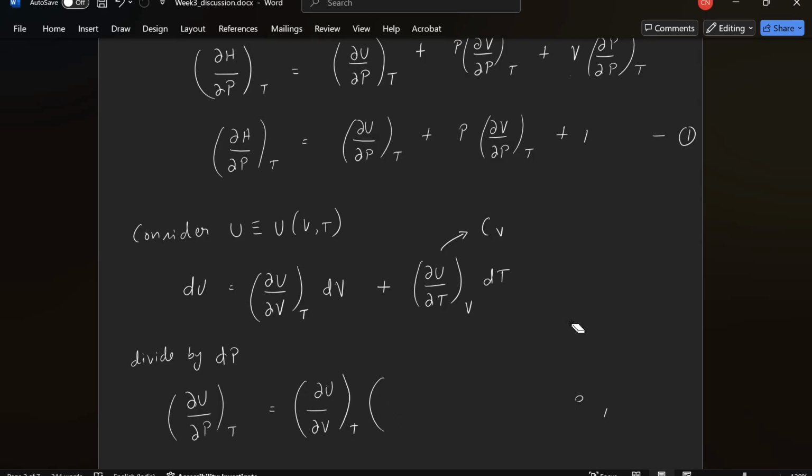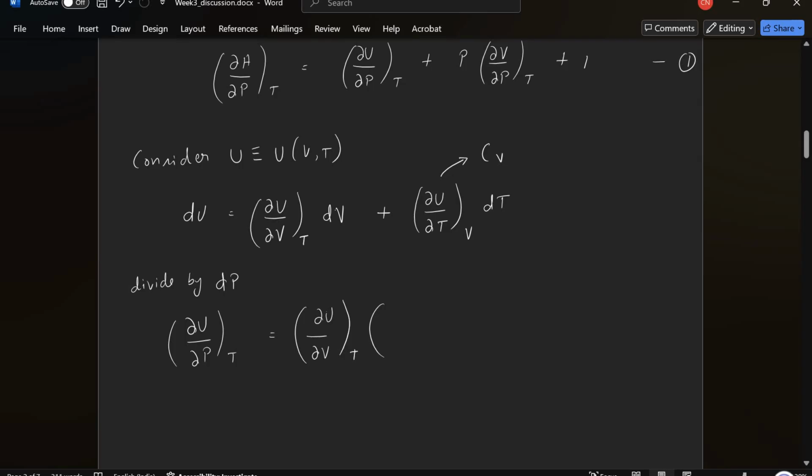So we have del V by del P at constant temperature, plus Cv del T by del P at constant temperature.